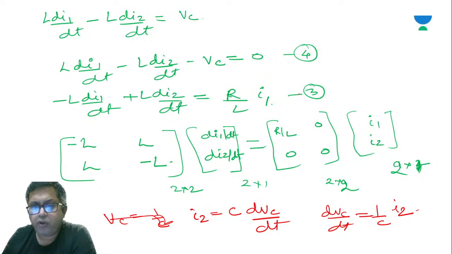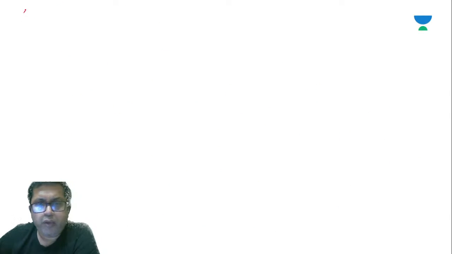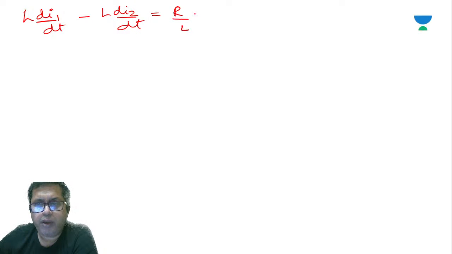For your convenience I will write down all three equations here. L di1 by dt minus L di2 by dt is equal to R by L into I1.